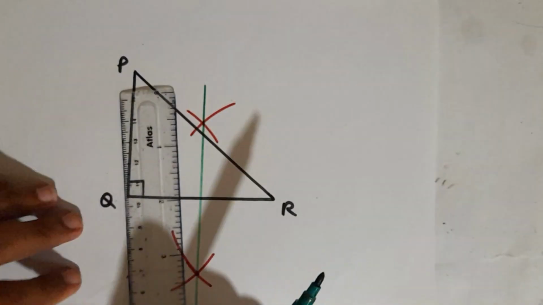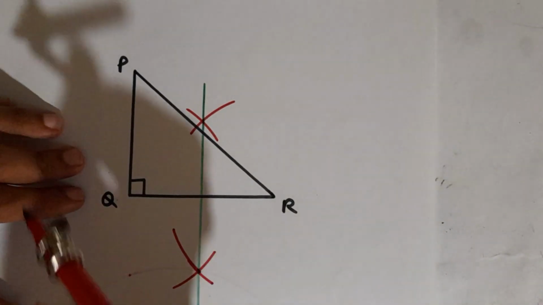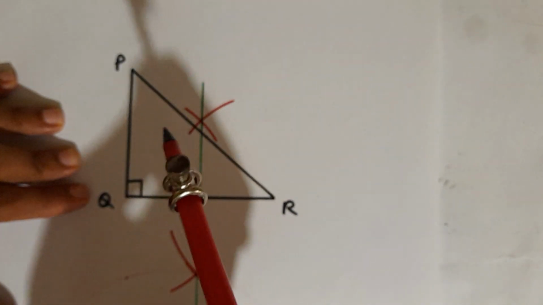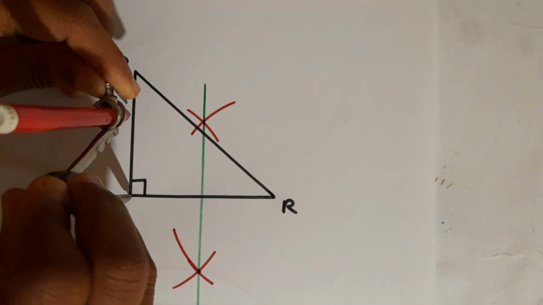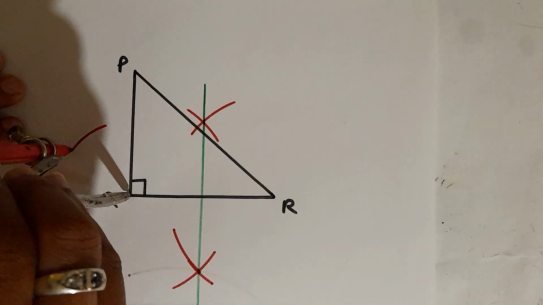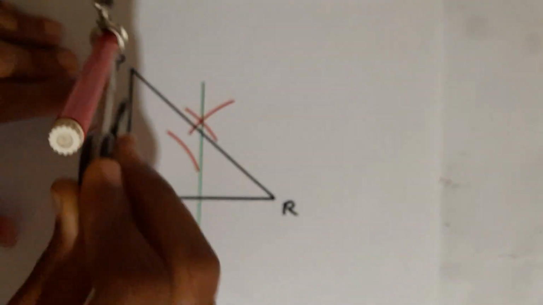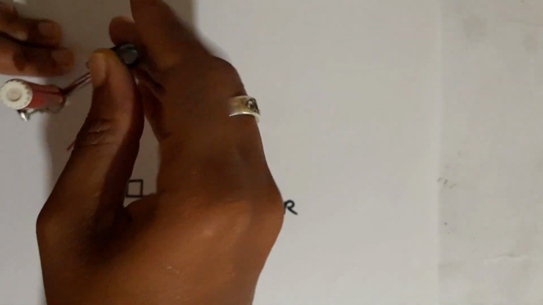This is the perpendicular bisector of the QR line segment. Now we can select PQ or PR. I am selecting PQ here. Then draw the perpendicular bisector of the PQ line segment as we did earlier.